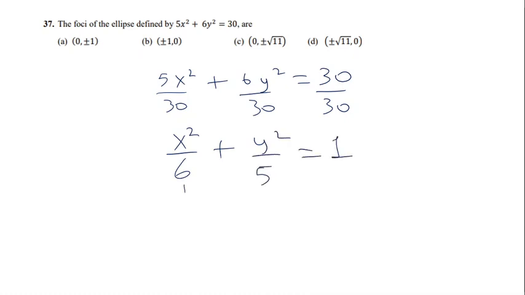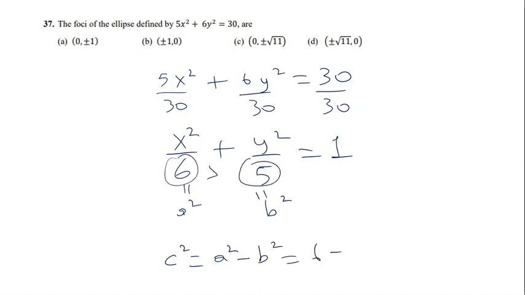Now, this is a squared, this is b squared, and then c squared will be equal to the big one, which is here a squared. So a squared is bigger than 5, so you have to say this is 6 minus 5 is equal to 1. So c and minus c is 1 and minus 1. So these are the foci.